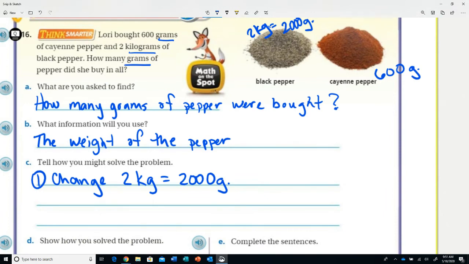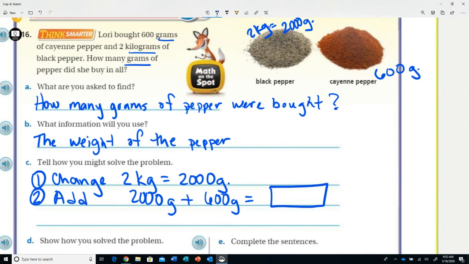The next thing is, now we can compare these. Now we can look at the cayenne pepper with the black pepper. And in step 2, I would say we would add the 2,000, I'm sorry, not kilograms, that's a lot, the 2,000 grams of black pepper plus the 600 grams of cayenne pepper to give you a total here.